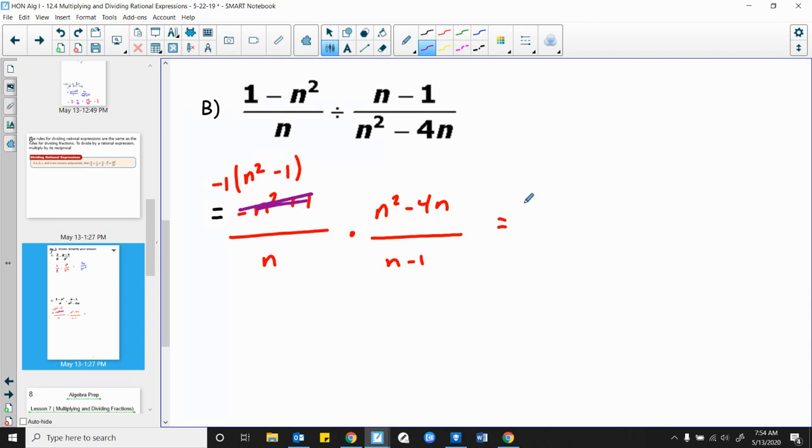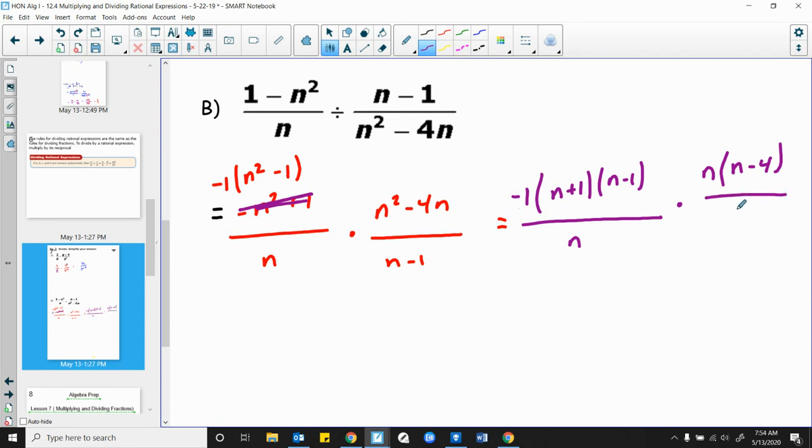So when I come back over here now, I'll take my negative 1. Now, difference of squares, so I'm going to have n plus 1 and n minus 1 over n times. I can factor out a GCF here of n, so I have n, and then n minus 4, over n minus 1.